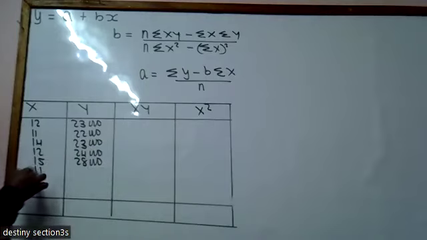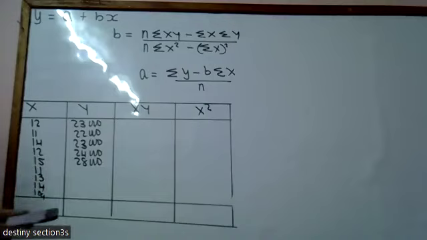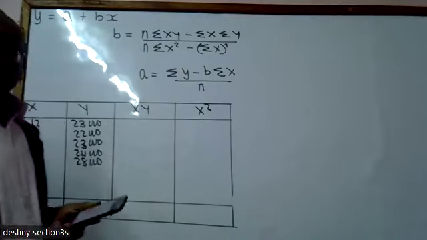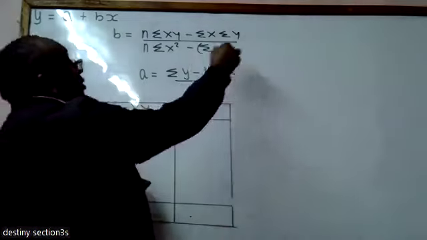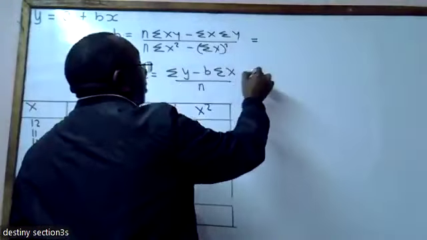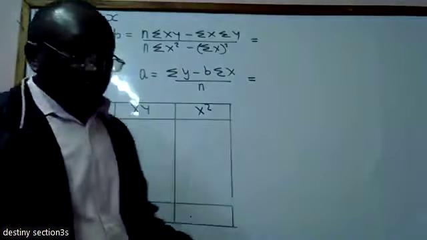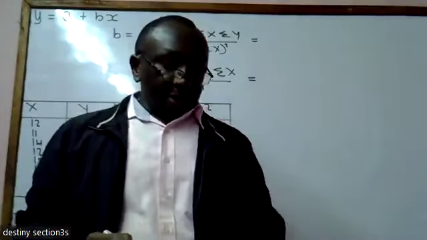We have 11, 13, 14, 10, and 9. Do that, get the totals, substitute, then write me the answer there, and then we continue from there.